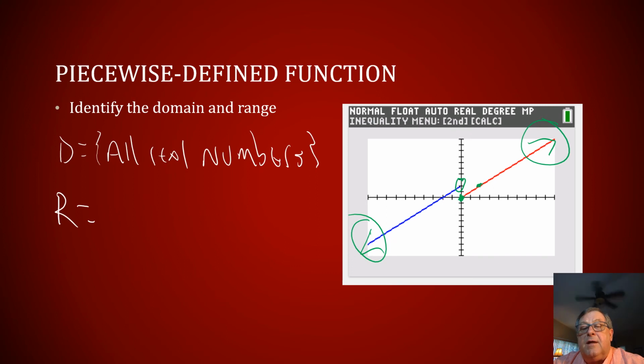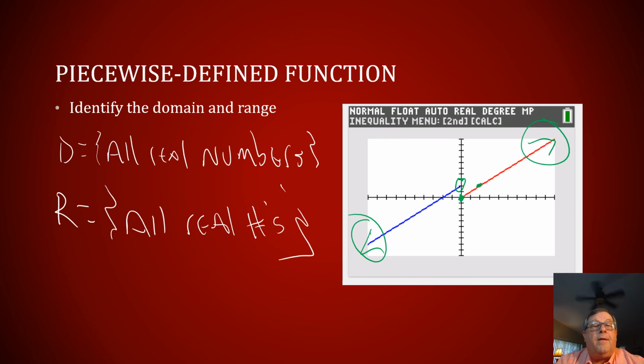And I don't see anything that y could not equal. So the range also is all real numbers. Now, that won't always be true, but hey, when it's easy, we'll take it.